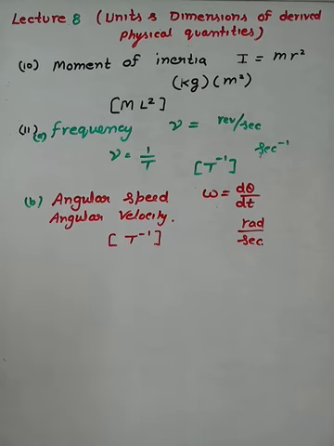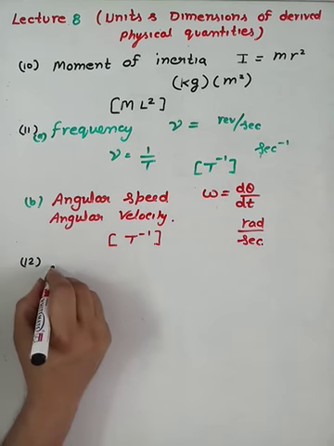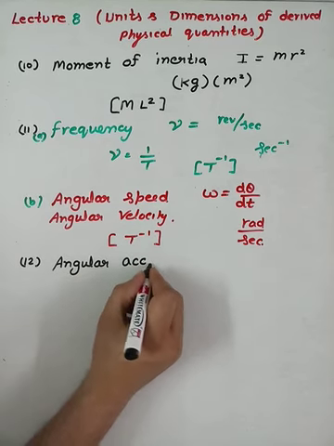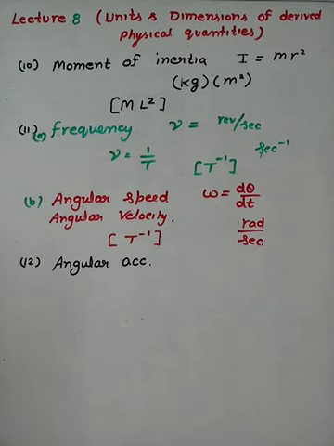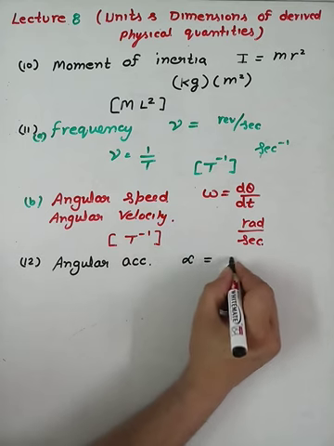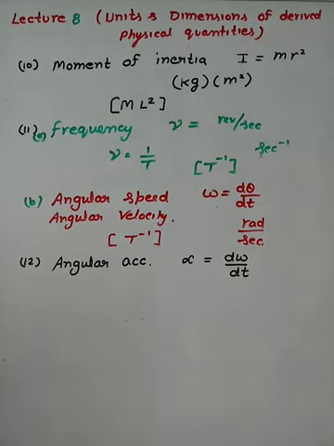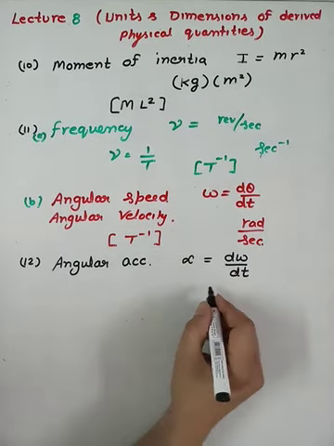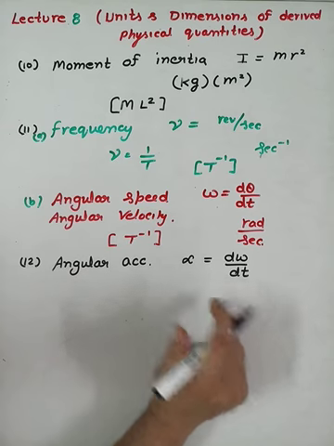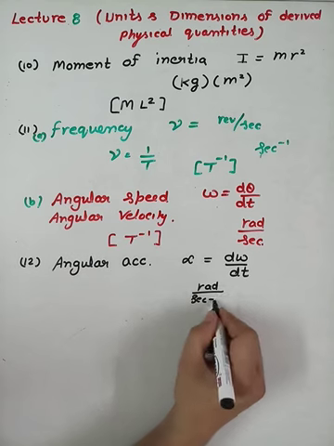Number 12 is angular acceleration. Angular acceleration is defined as rate of change of angular velocity, denoted by alpha. dω is radian per second, and dt is second.